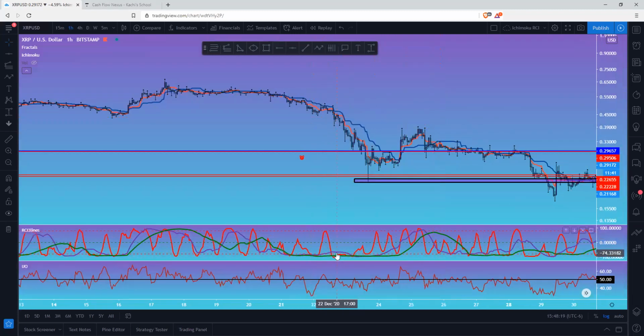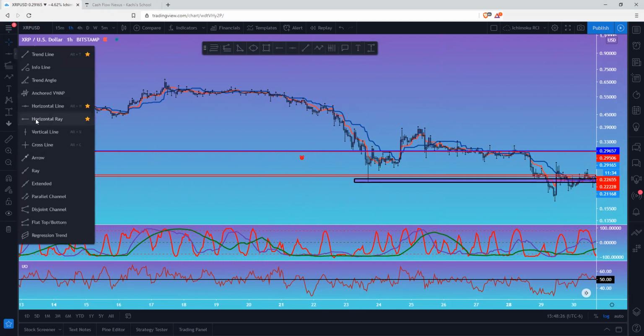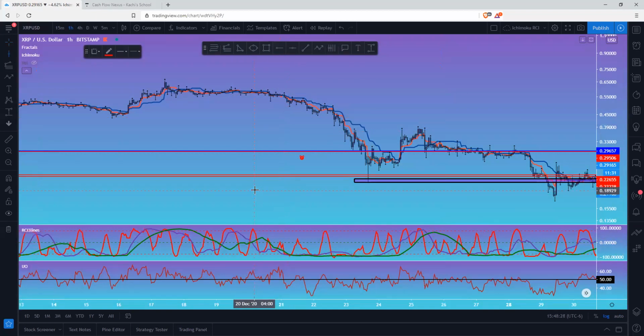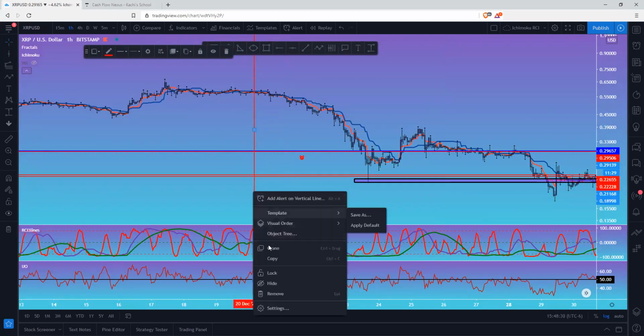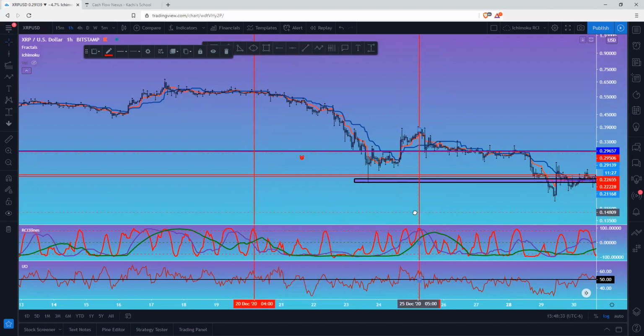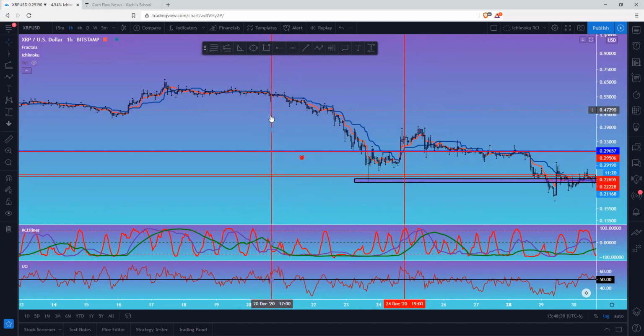And if we look at the RCI from this point, right to here, from December, wow, so for 4 days, from the 20th of December all the way to the 24th of December is how long we could have literally held this trade.